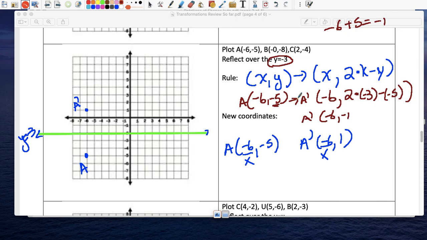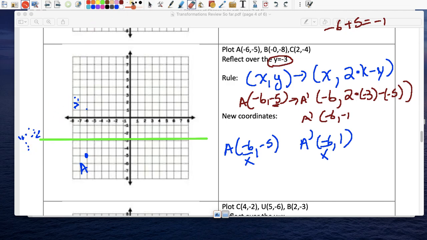No, hang on. -6 plus 5 is -1, and we had gotten 1 before. So what's point A? -6 and -5. Our line of reflection is y equals -3. Okay, my line of reflection is incorrect. So my line of reflection should be 1 over down. That's my mistake. So let me just fix these things.